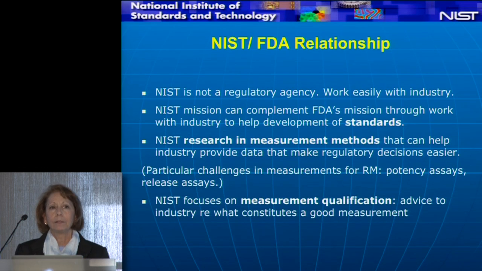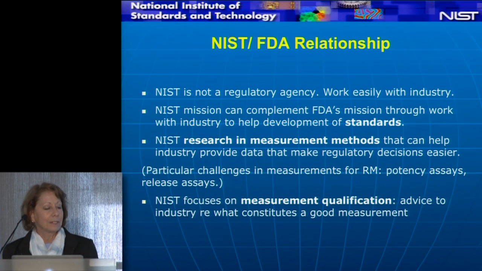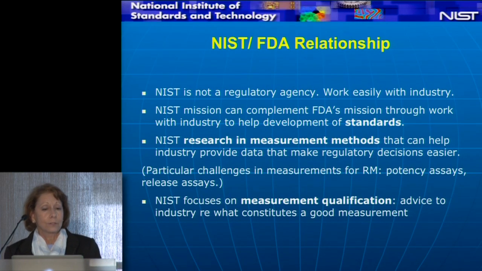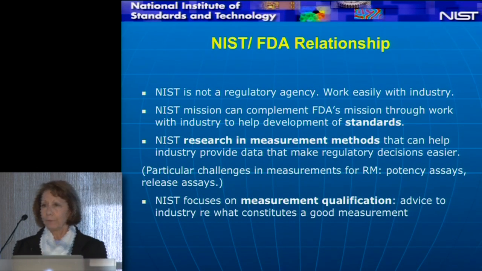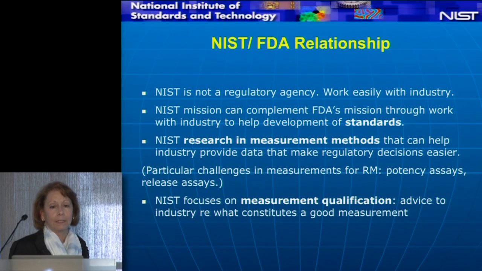We certainly collaborate in interagency groups that discuss problems like regenerative medicine. We collaborate on standards committees, standards organizations. But we are very different, and we work with the community sometimes in different ways. And having a venue like this to really communicate with one another on a scientific level is really, really helpful.